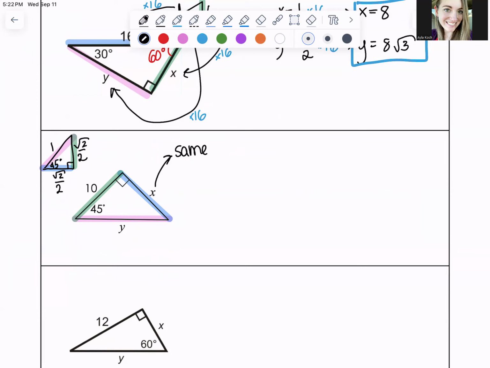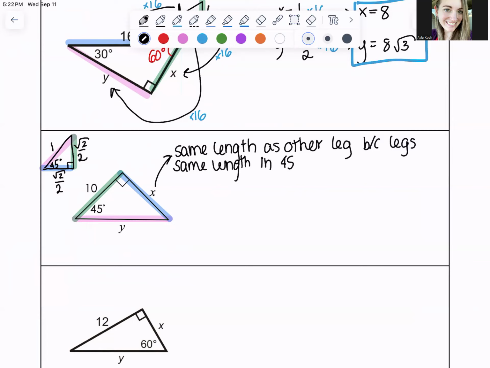Same length as other leg, because legs are the same length in a 45-45-90 triangle. And this is because it's an isosceles triangle. All right. So x is equal to 10.